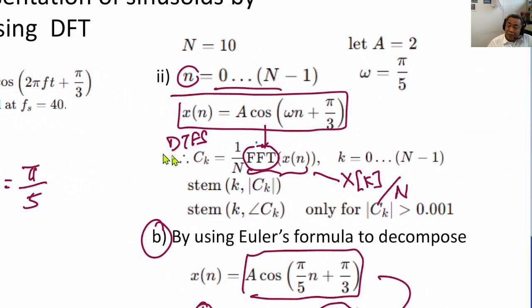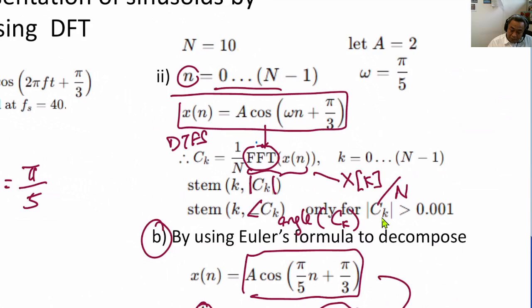How do we get the magnitude and the phase? Ck is a complex number. To get the magnitude, we use the magnitude of the number. To get the phase, we use the angle of the number, so it's angle of Ck if you're writing in MATLAB.